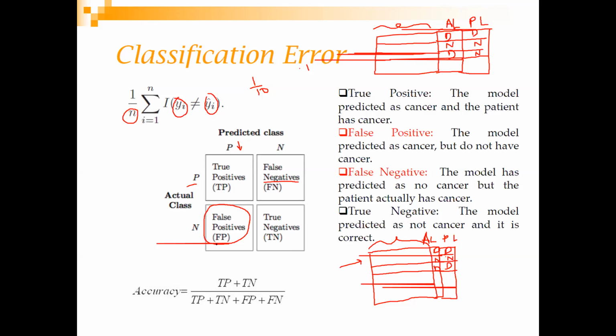Now let's look at a case where your false negative has more weightage. Let's say you have installed a surveillance camera in the airport and you want to identify persons as suspicious or not. So identifying a suspicious person is the positive class.